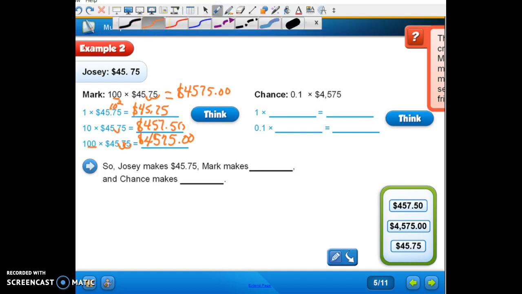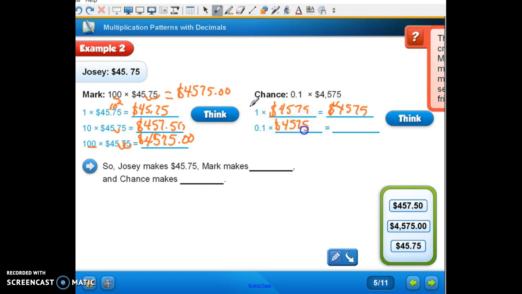Okay, so let's look at Chance. 1/10 of 4,575. So 1 times 4,575 is 4,575, right? 1/10 of that. We're getting smaller, right? We're taking a portion of it. So we're going to move our decimal what? 1 place to the left. So if I have 4,575 here, my decimal, remember, is understood to be there.